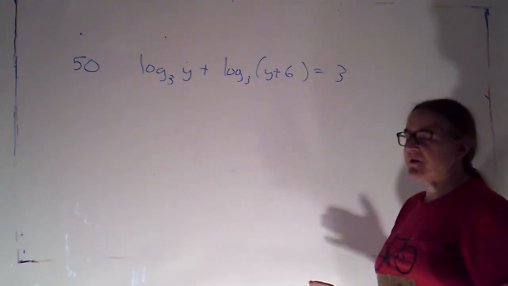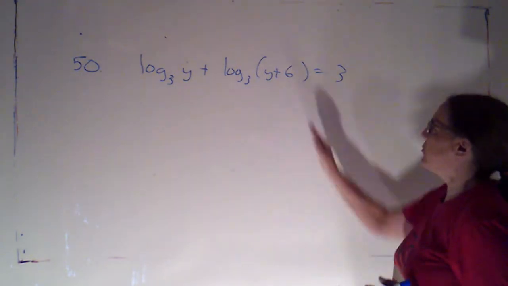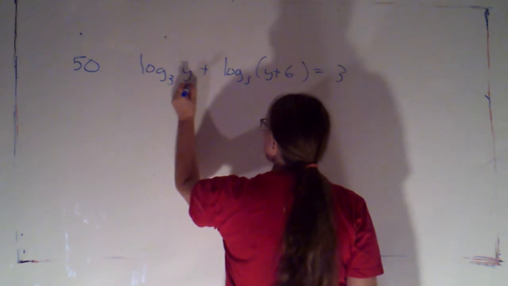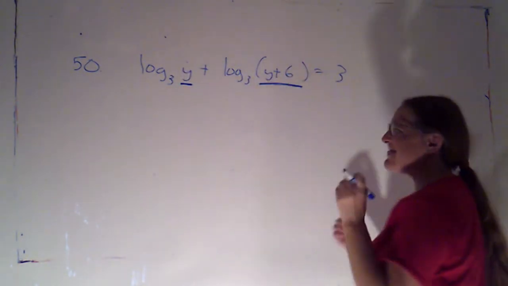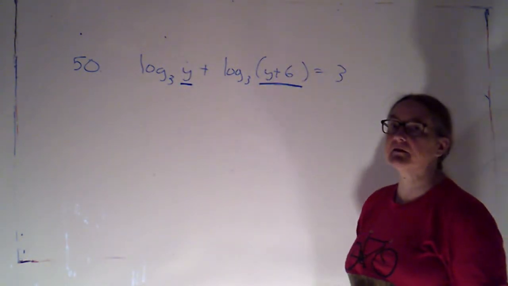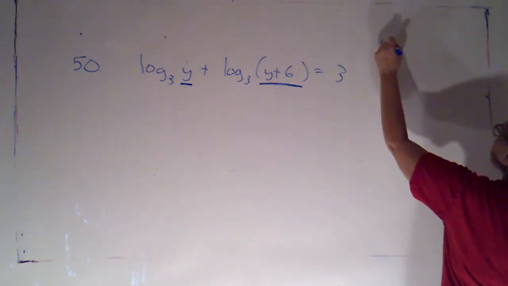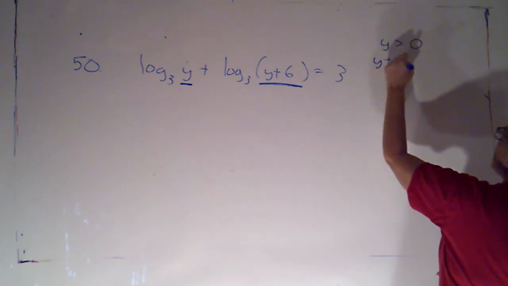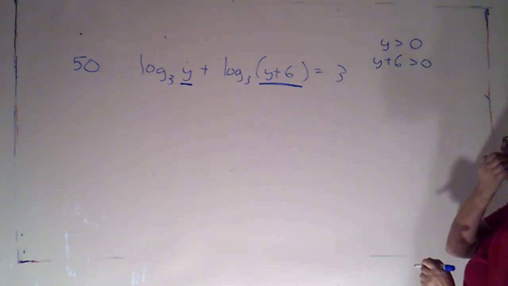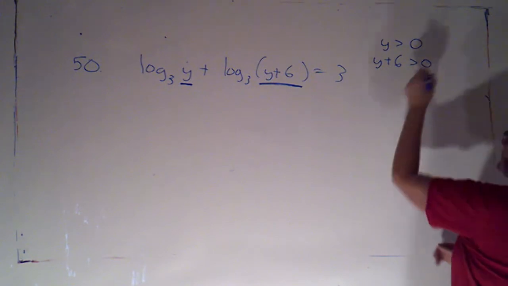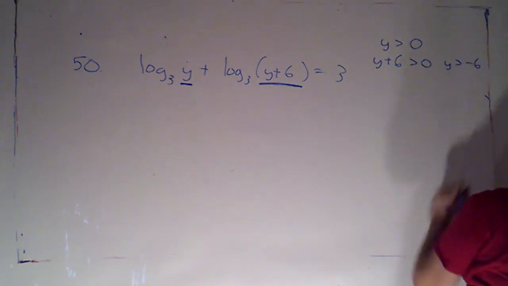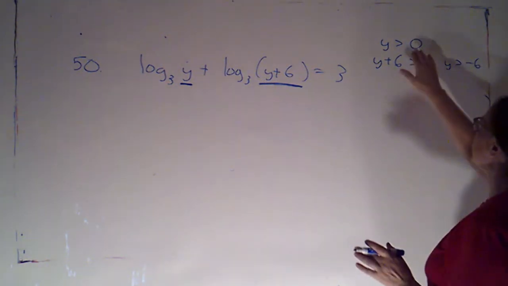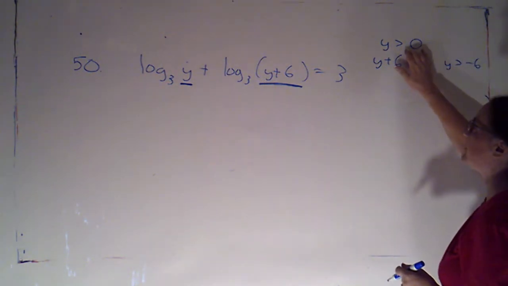Now, the first thing I'm going to try to remember to do when I have a log equation is look at what my arguments are, what those things are that I'm plugging into the log, and immediately record those restrictions. y has to be bigger than 0, and y plus 6 has to be bigger than 0, which means y is going to be bigger than negative 6. Now, of course, if y is bigger than 0, it's also bigger than negative 6. So I really just need to check that one restriction. Okay.